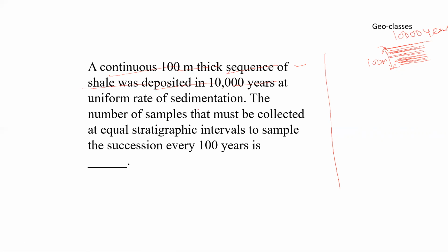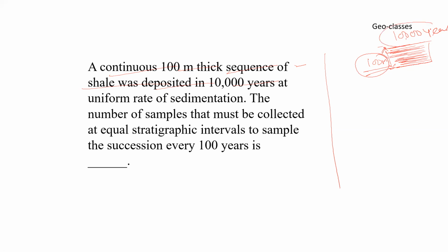The number of samples that must be collected at equal stratigraphic intervals of the succession, one every 100 years. So the question is saying, in this sequence, how many samples have to be taken to get a sample of every 100 years at least, at equal stratigraphic interval. We have nothing to do with the thickness, because they have not asked what thickness to sample.